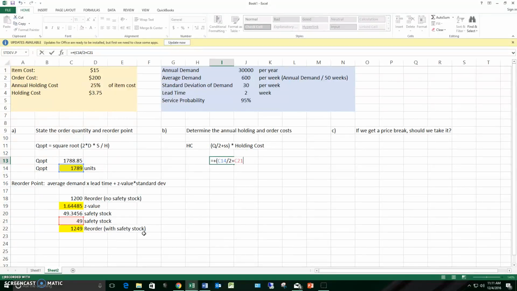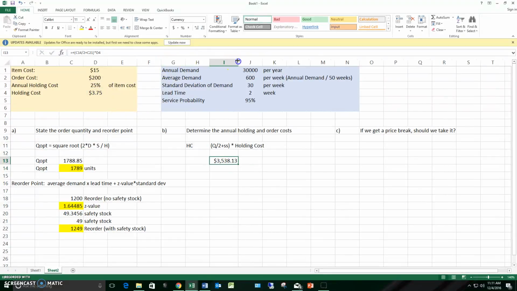And if we multiply that now by our holding cost of $3.75 a unit, we're going to come up with a holding cost of $3,583.15. That is our holding cost annually for ordering 1,789 units, carrying 49 units in safety stock, if it costs us $3.75 to hold inventory.